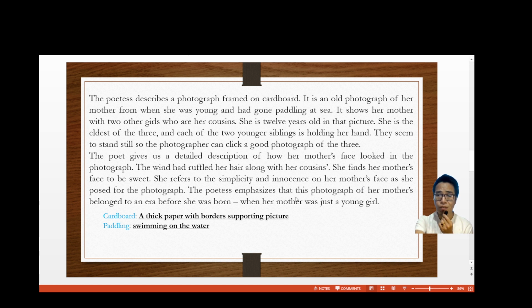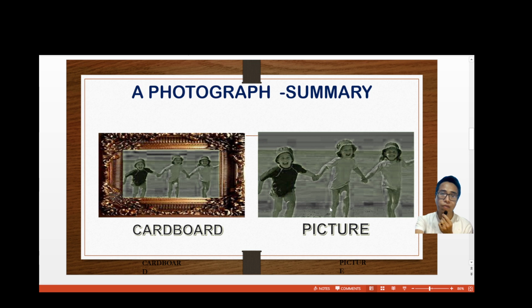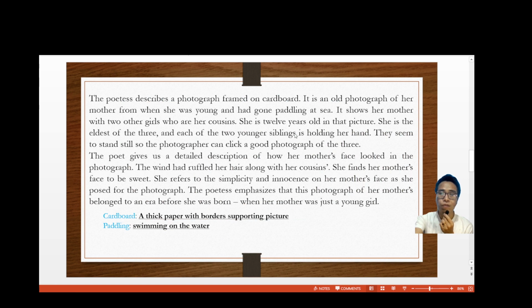The poetess emphasizes, means gives more importance, that this photograph of her mother belonged to an era before she was born, when her mother was just a young girl. So we can also understand that in this photograph, the middle girl, the tallest girl of all three, is the mother of the poetess, and she's saying that this photograph was taken a very long time back, and it belonged to an era, she says, and it was taken even before she was born.